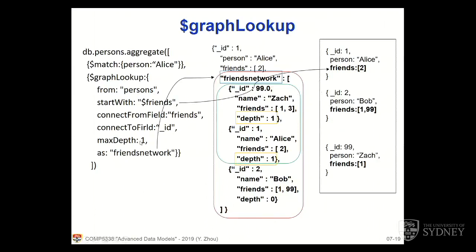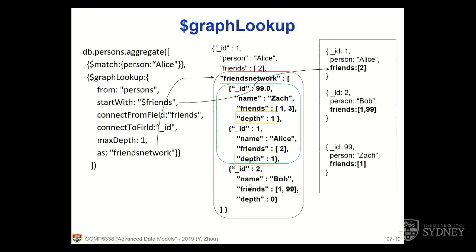The depth also means how far you want to go. If the depth is 0, we stop here, it's the immediate one. But if the max depth is 1, we go one step further. Now, once we find this, we start from this one, which has 1 and 99, and we try to match 1 and 99 with the ID, and then we can find these two things, 1 and 2.